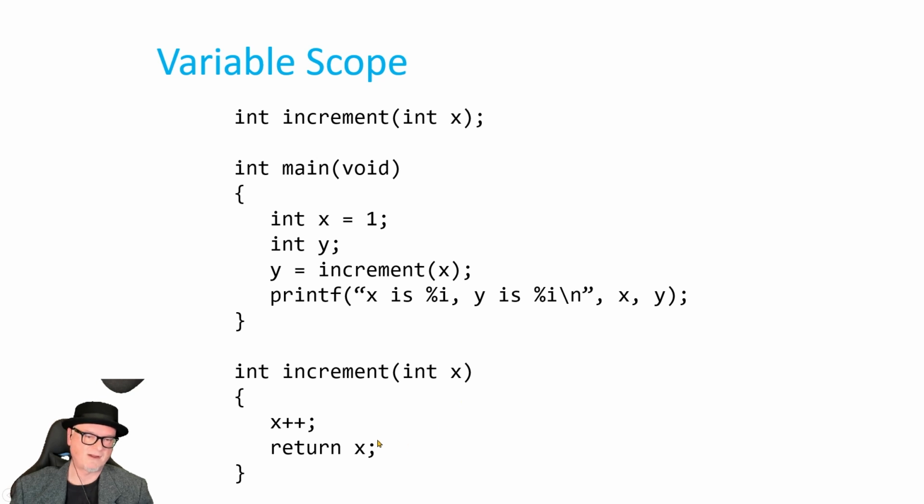We define the variable as an input to the function increment, and then we can do stuff to it in increment. And in the main, though, we also declare an x here, and we can call the increment with the input of x that we've just defined locally, and we can change something in another variable, in this case y.